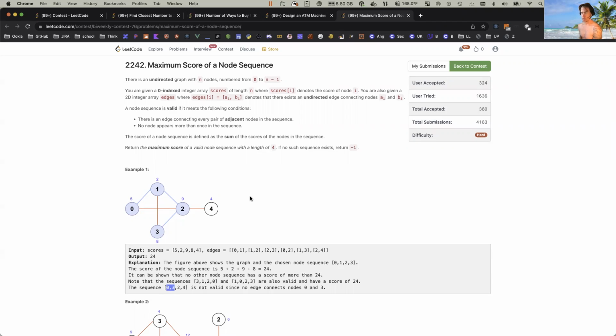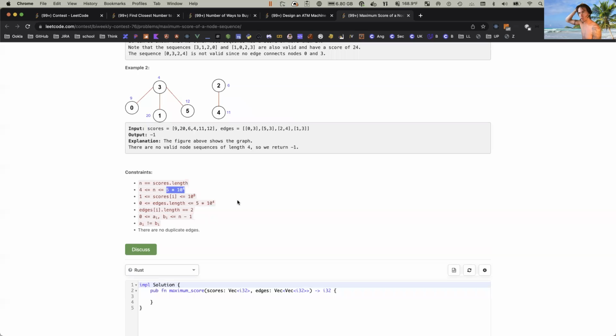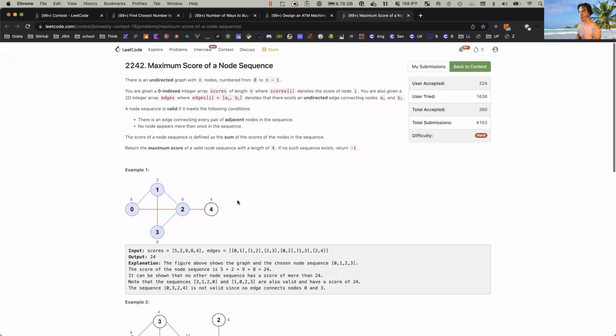Some of the scores of the nodes in the sequence. N is 50,000, edges 50,000.